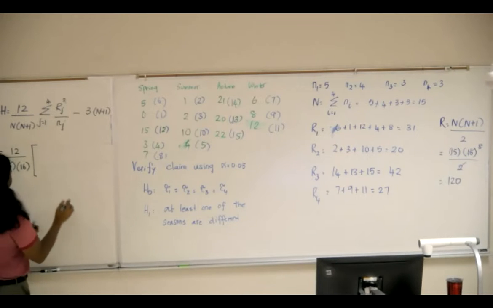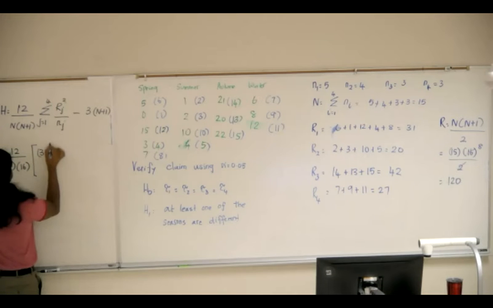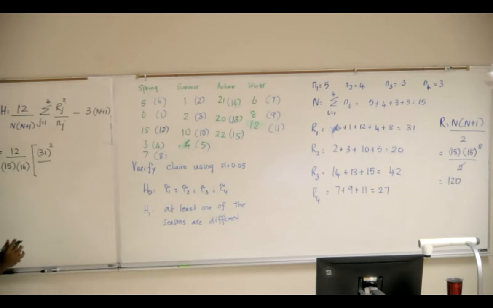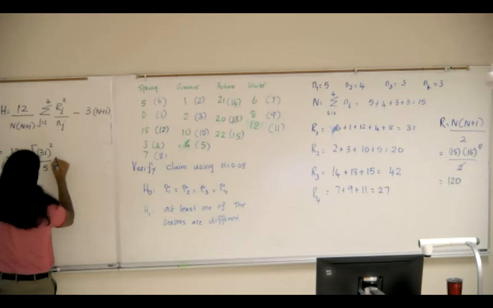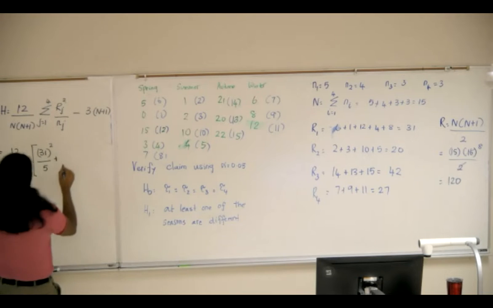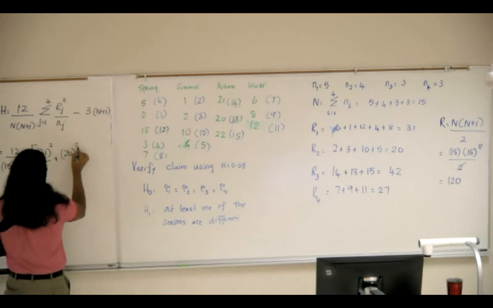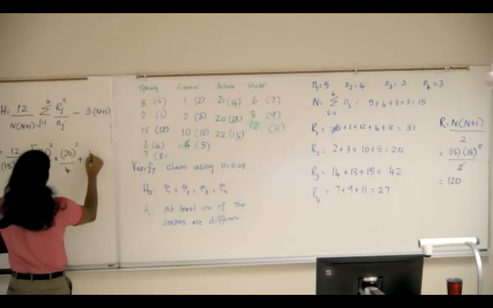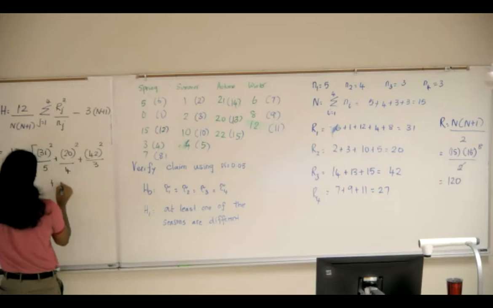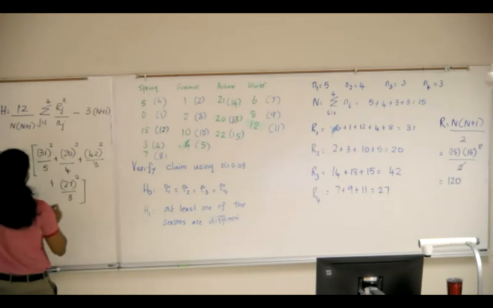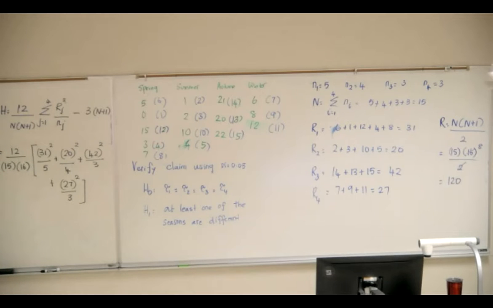Rj squared: 31 squared divided by 5, 20 squared divided by 4, 42 squared divided by 3, 27 squared divided by 3. Each rank sum divided by the corresponding sample size.